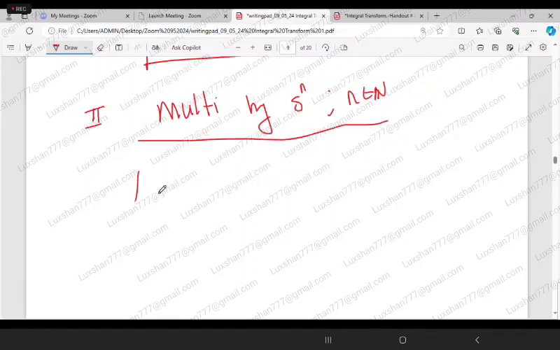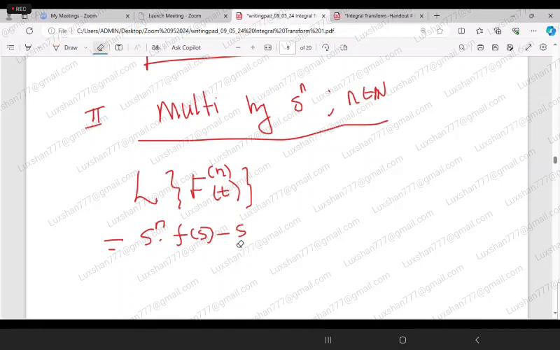Then we know that the Laplace transform of the nth derivative of a function is equal to s to the power n into F(s) minus, can anyone tell me what is minus what? Minus f(0).